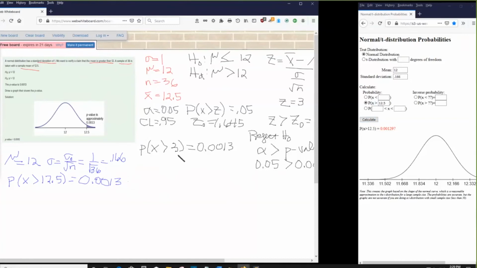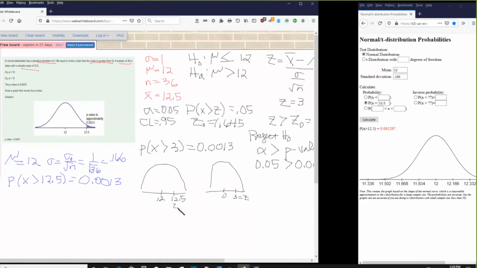These are going to give us similar numbers because they have the same z-values. So remember that if I have a standard normal distribution, which means that my mean is 0 and standard deviation is 1, and it has a z-value of 3, I can have a different graph with a different mean. So this is a mean of 12 and then my value 12.5.